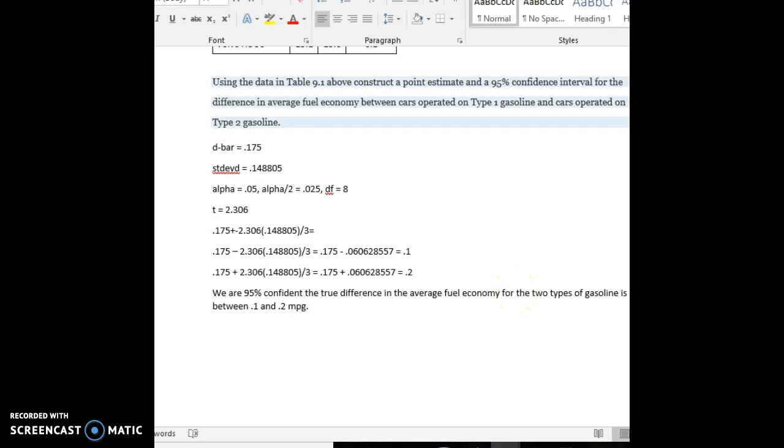Which is not really much difference, but there is some difference.